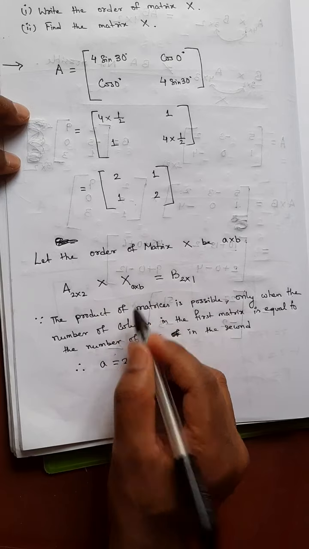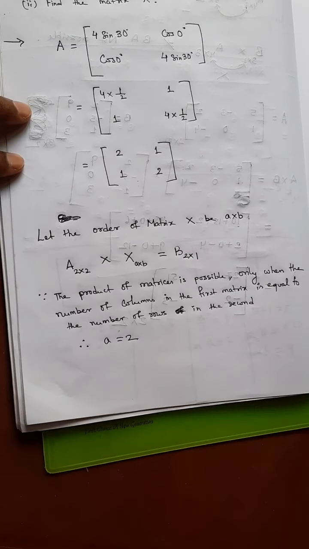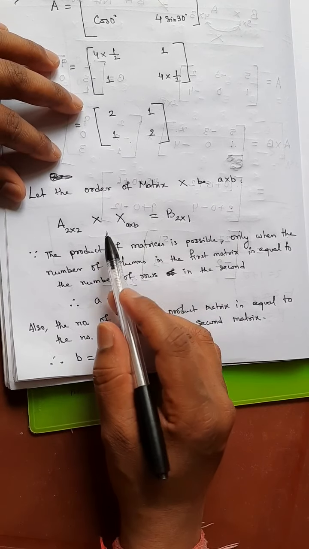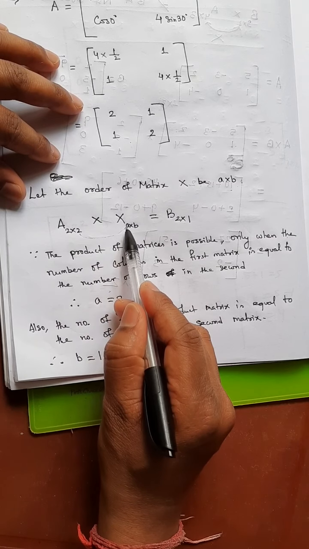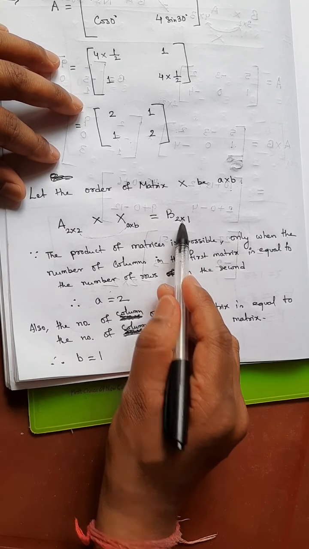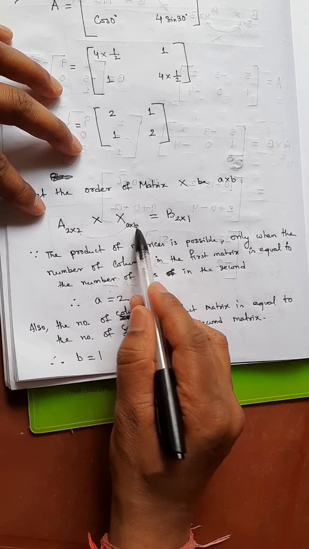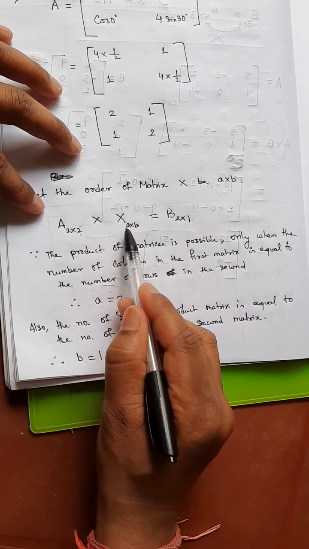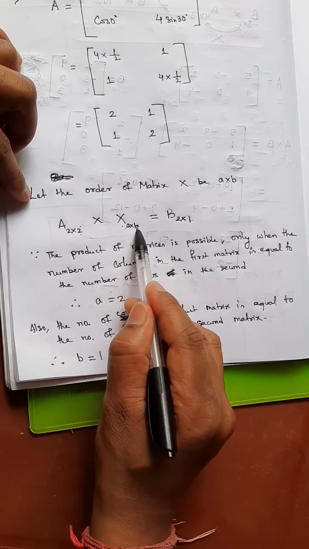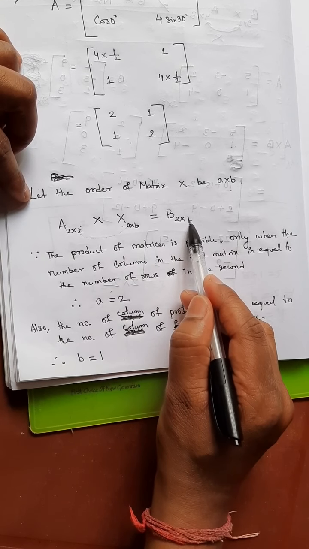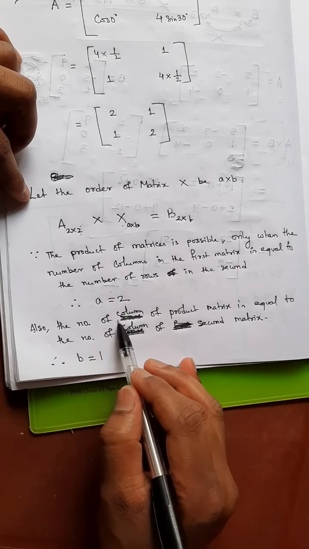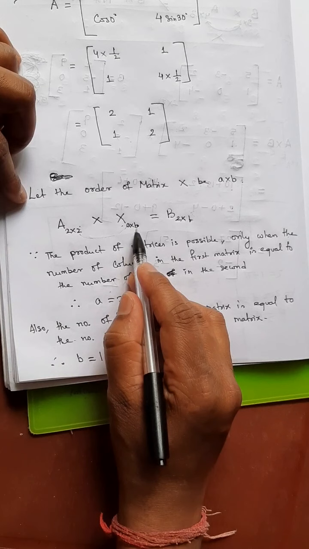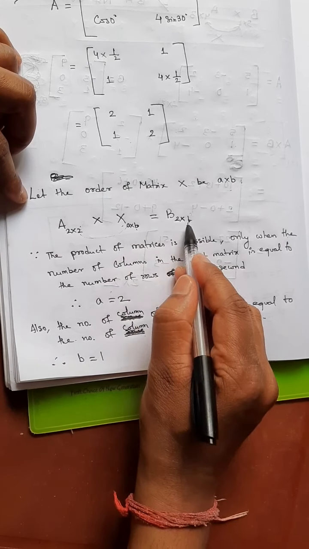Now we have to find the value of B. For that, what will be the statement? As I have taught you, when these two are equal, the order of the product will be this row and this column. So that means this B should be equal to 1, because when these two are equal, we are left with this 2 and this B. Since the number of columns of the product matrix is equal to the number of columns of the second matrix, therefore B should be equal to 1.